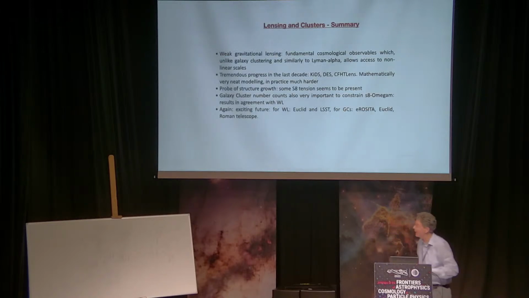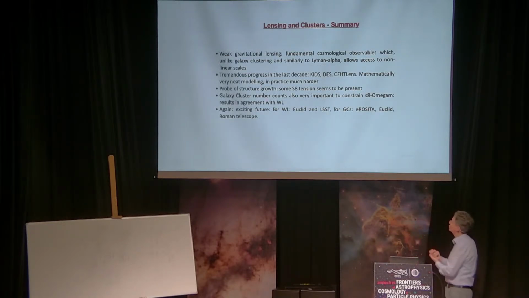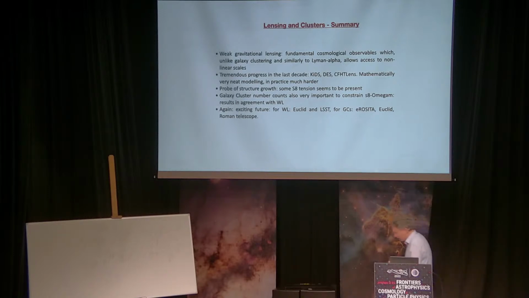Let me conclude with this slide. So it was a quick journey into weak gravitational lensing, and it's a very important, exciting cosmological probe, which has reached enormous achievements in the last decades or so, due to the fact that you have more data, more people, clever people working on the systematics.